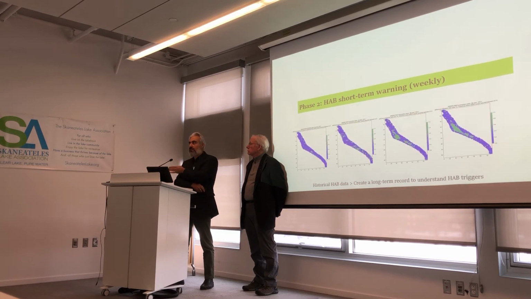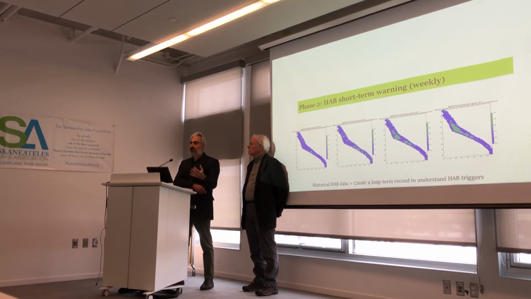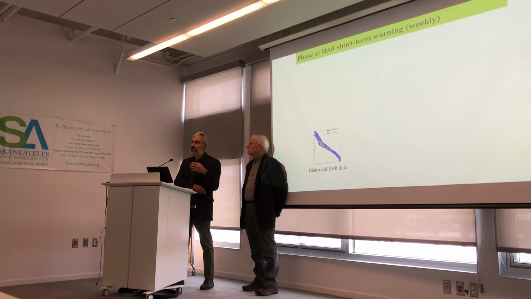By creating this historical record of where the HABs were in the past, we can create a much denser modeling record that can help us identify short-term warning potential of this data set.